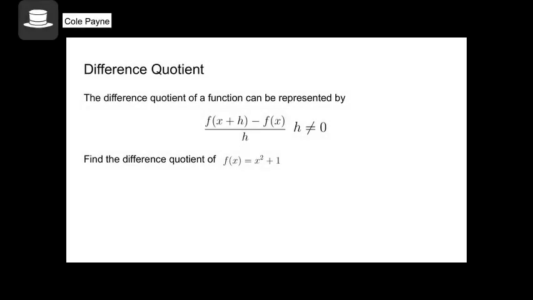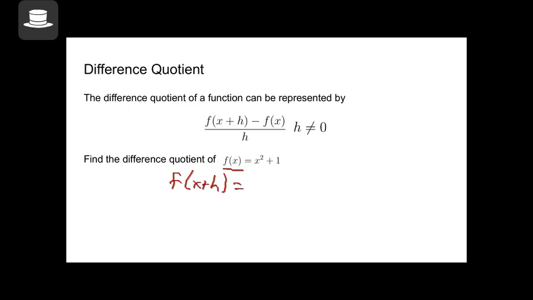And so that leads into our concept of a difference quotient. So the difference quotient is represented by this function. So we have f of x plus h minus the original function f of x, all divided by h. So let's find the difference quotient of x squared plus 1. So I already have f of x as x squared plus 1, so I don't have to do anything with that. But I do need to find f of x plus h.